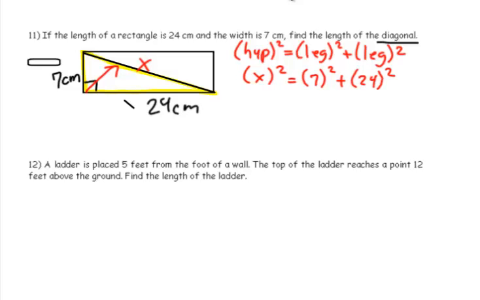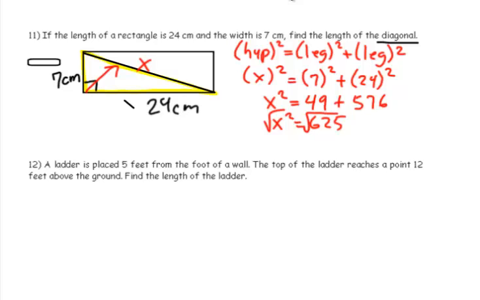So we have x squared equals, now 7 squared is 49, and 24 squared is 576. So when we add those two together, we get 625. Some of you might notice the same numbers from before.